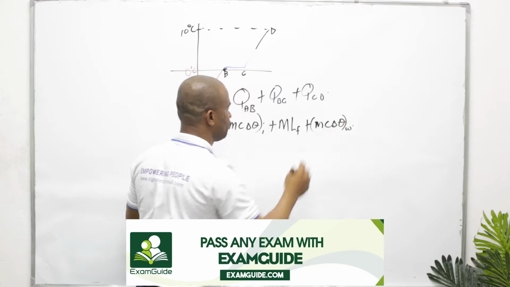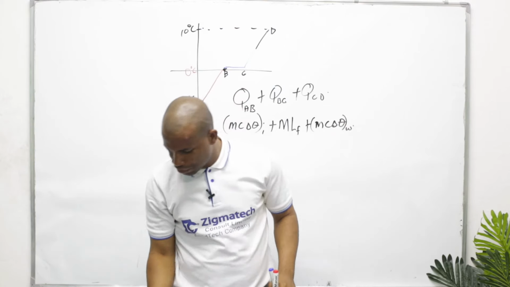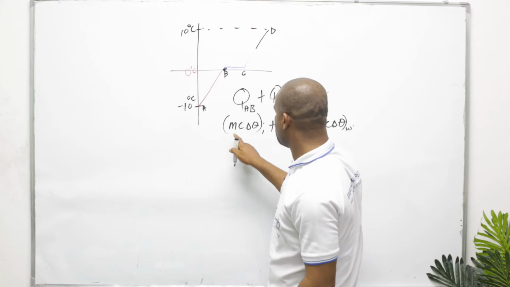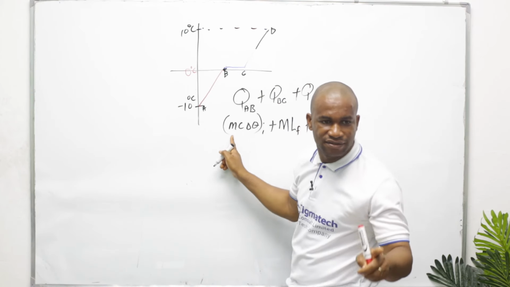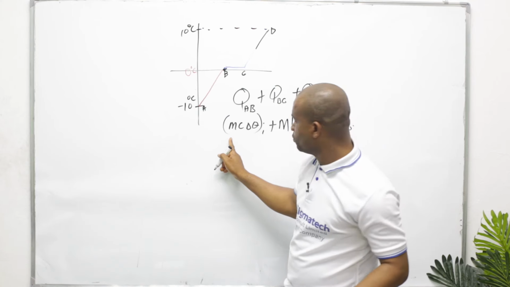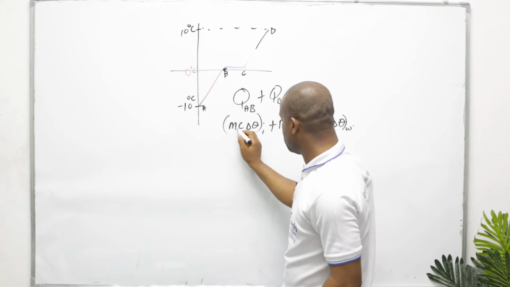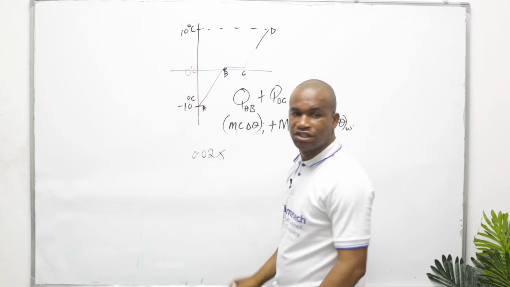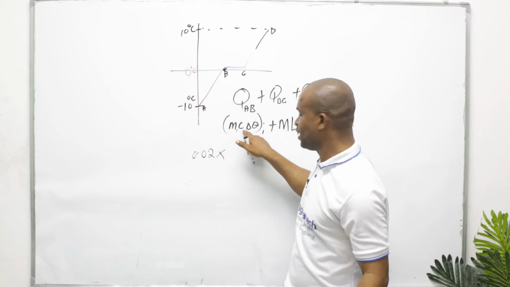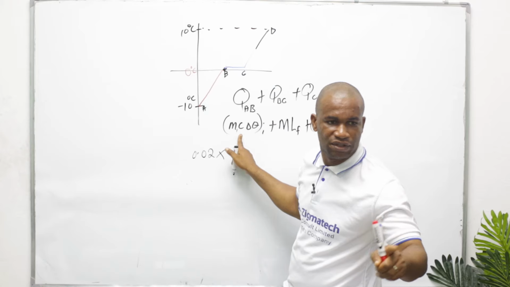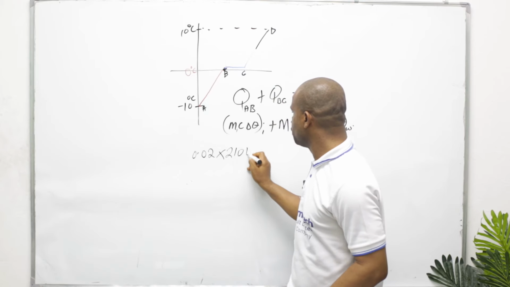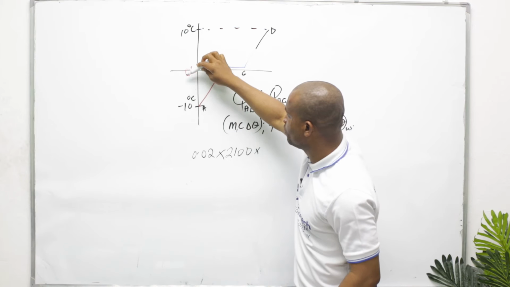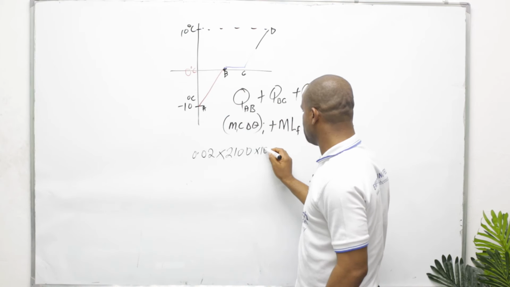This is for water. So we are going to keep putting in their values. For the ice, the mass is given as 0.02, times the specific heat capacity of the ice, which is 2100, times the change in temperature from here to here, which is just 10, because 0 minus minus 10 is 10, plus.